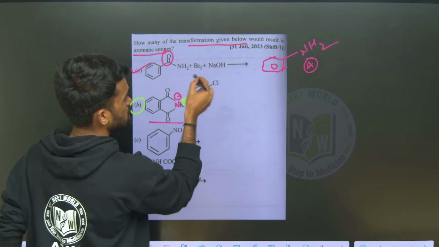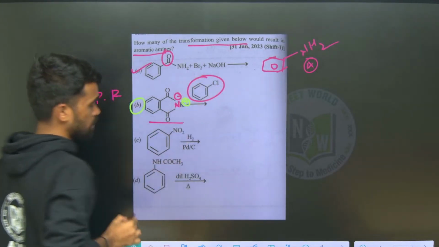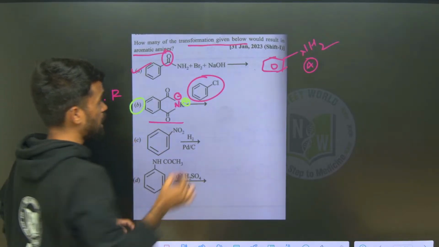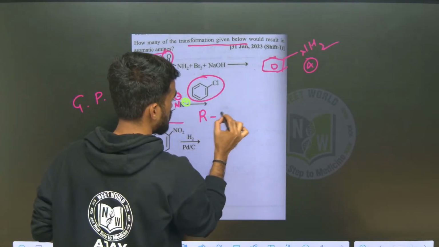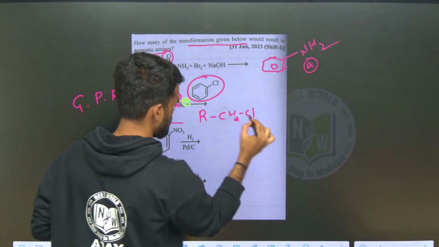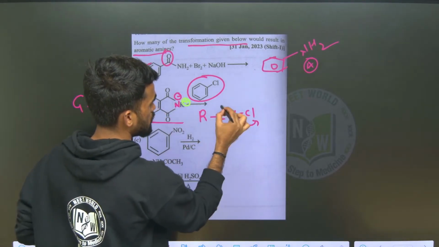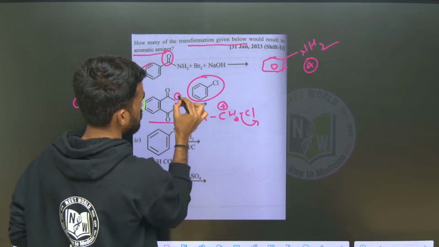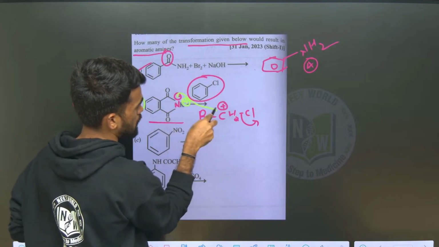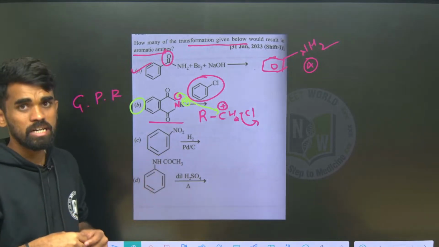And this is our aryl halide. See, if we have any alkyl halides like RCl, like RCH2Cl, something like this, now this is a nucleophile. This chlorine goes out, generating positive charge on the carbon, so that this negatively charged nitrogen will attack here. So we can expect a reaction.